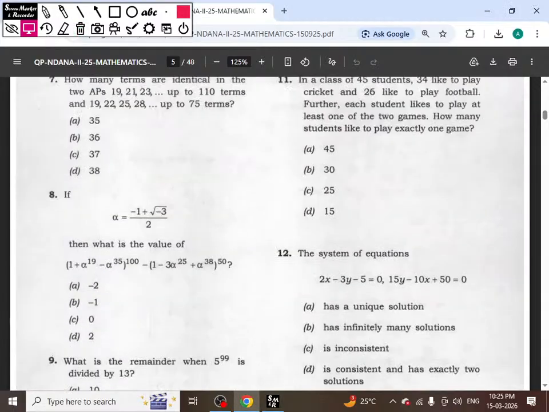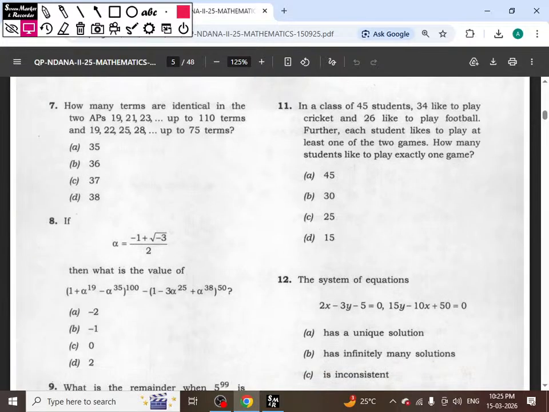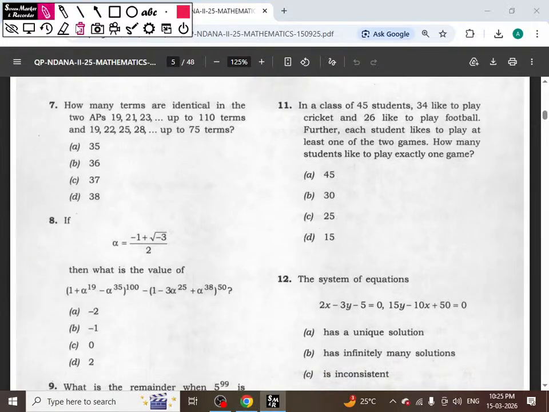Okay, let's move to this. In a class of 45, suppose we have a class of 45 students.